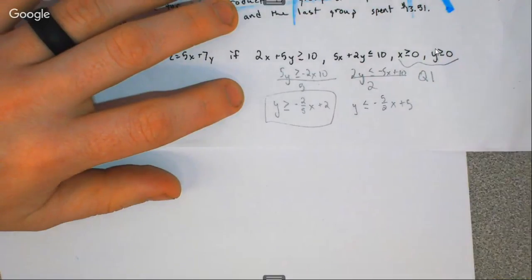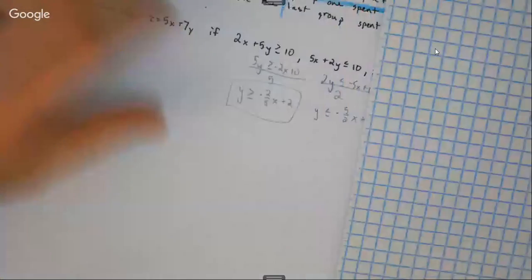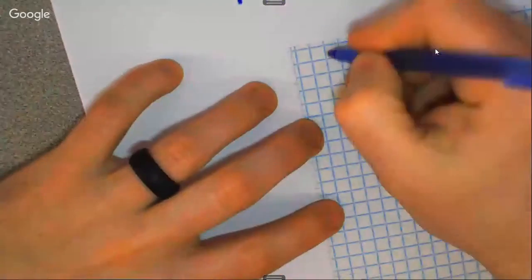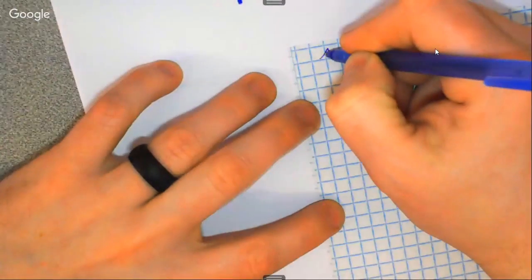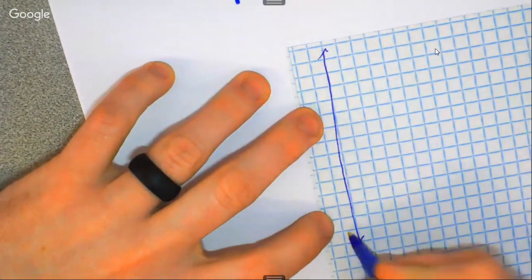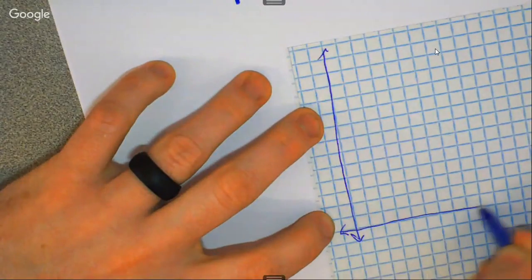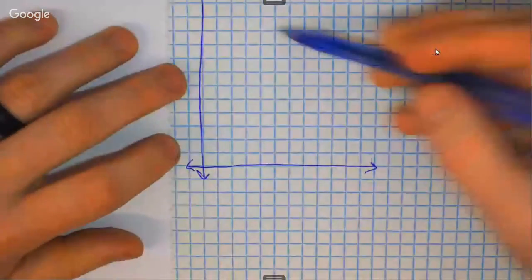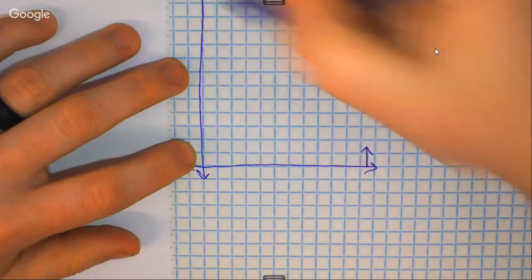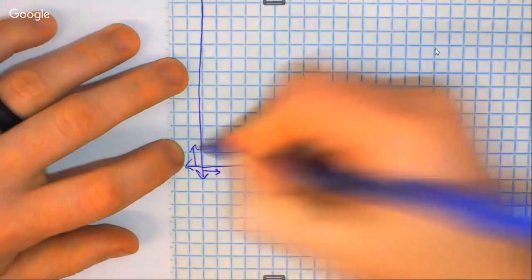Okay, so then we can grab some graph paper here, and we will graph those equations out. Make sure that you're making your graph big enough to see those. And notice again, I am in quadrant 1 because x and y are both greater than 0. So we're shading these in those directions.